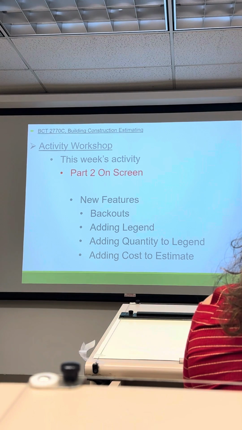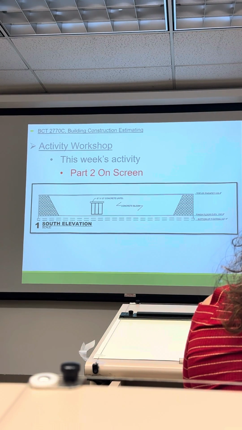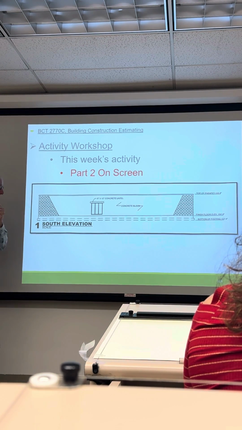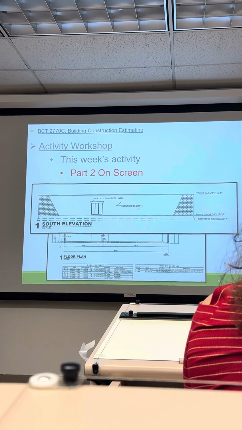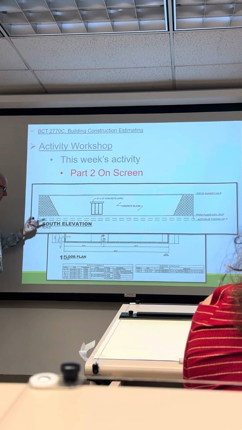Okay? So what I'm going to do is grab this south elevation again. This should be the PDF I emailed you, and it should be these two items, south elevation and the floor plan. So I'm now going to switch over to on-screen.